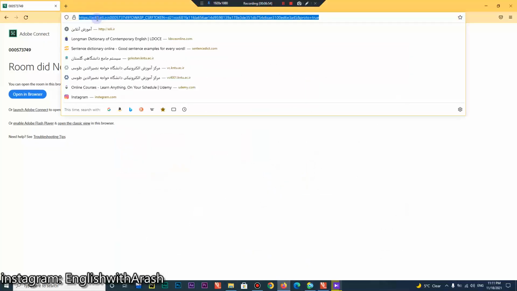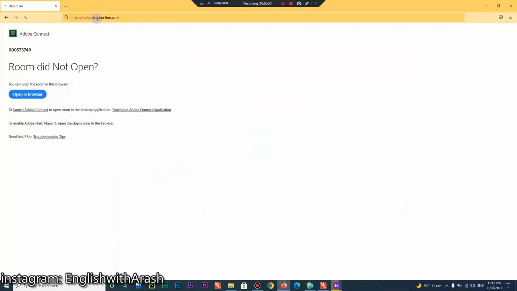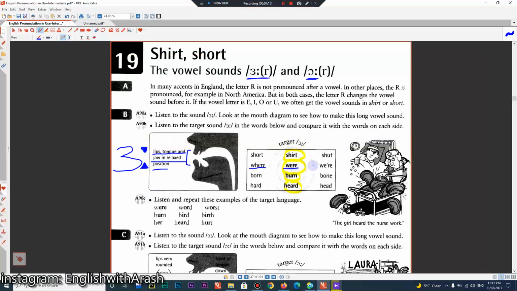So here, if I type for you where with WH, you can see how it can be different. So it's more like the A sound, like where. But where can be a little shorter, especially in positive sentences. So it's not working now, but anyway. Where, were, we're.